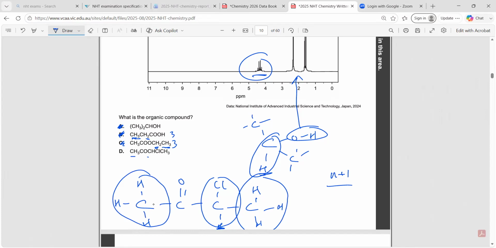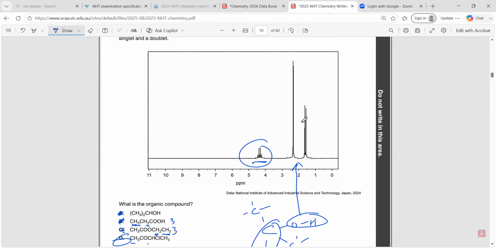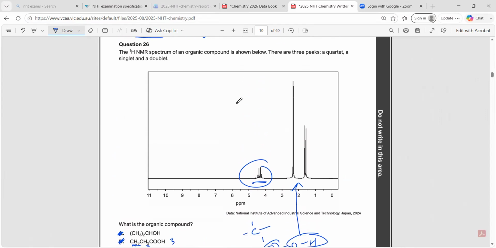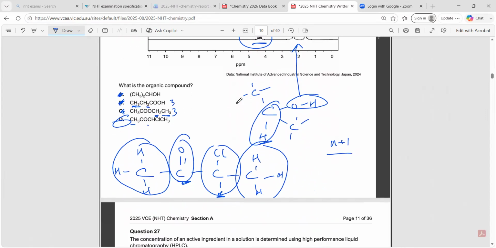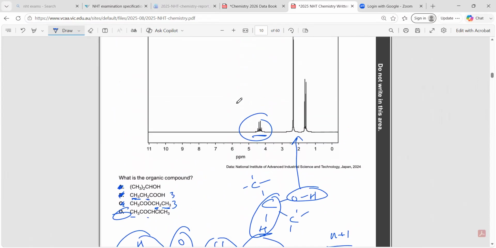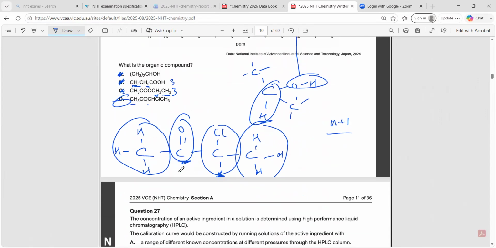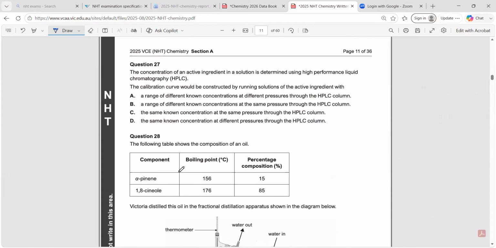And this environment would be the singlet to represent that there's no hydrogens in its neighboring environment. There's probably an easy way I could explain that, but don't try and refer to the data book. Just look at it in terms of environments.